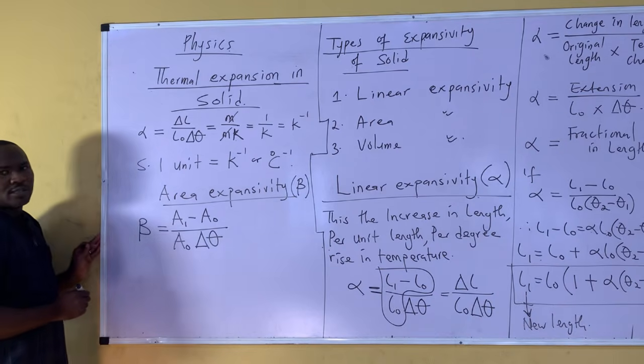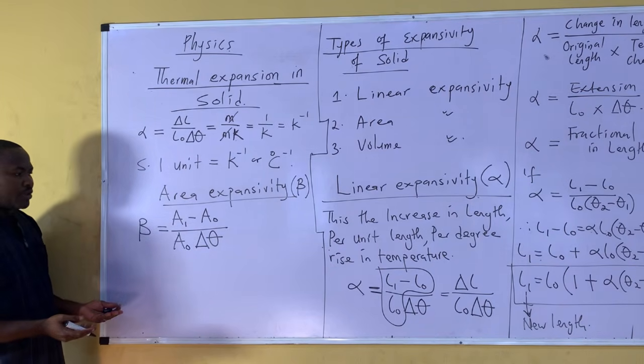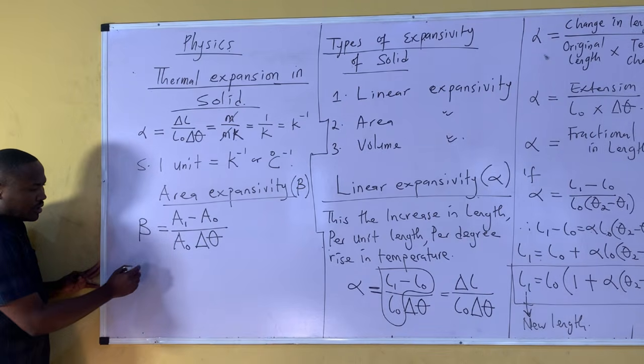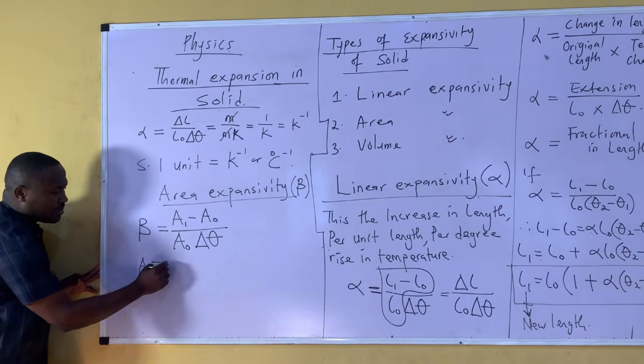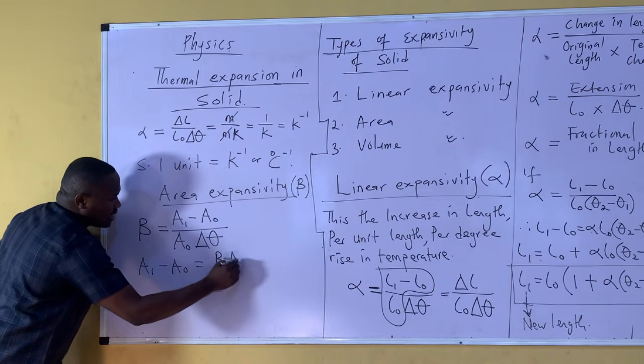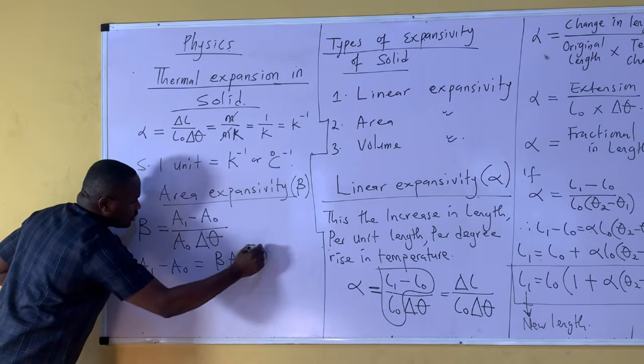That is area expansivity. Now, cross multiplying, what do you have? I have A1 minus A naught is equal to beta A naught change in temperature.